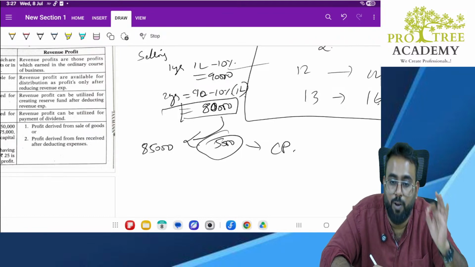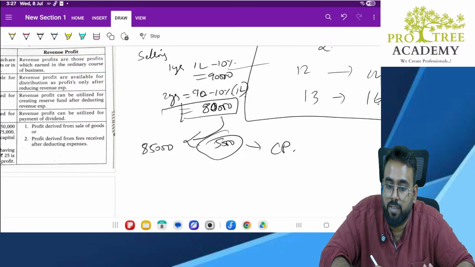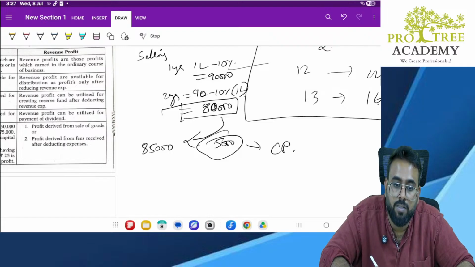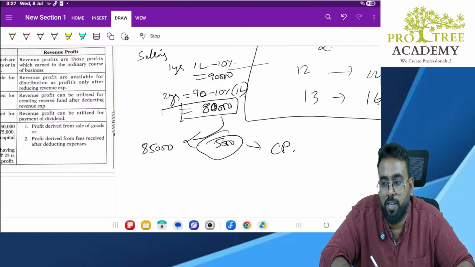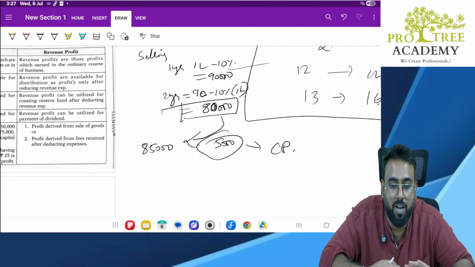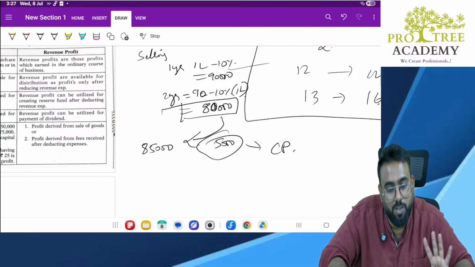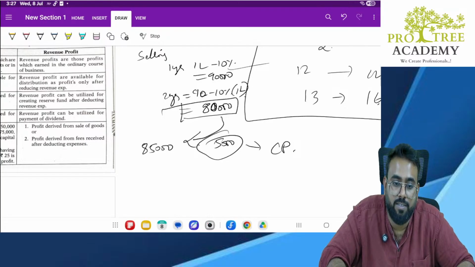Keep in mind the example of asset. If you make any profit on sale of assets, it will be considered as capital profit. Clear? Sometimes, sir, say for example, you have 1 crore loan outstanding. You need to pay. Now you didn't pay 1 crore. You paid only 60 lakhs and the account is closed. That 40 lakh is also a kind of capital profit only, sir.